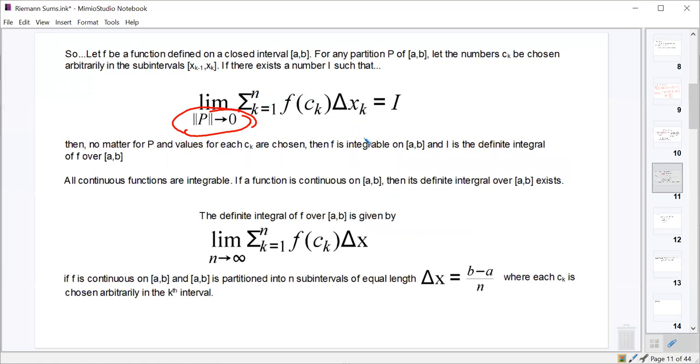If we were to make all of the subintervals the same length, then rather than having 18 different variables in here and having to deal with a largest subinterval, instead of making the biggest one approach 0, we would just make the number of subintervals n approach infinity. So we'd have the limit as n approaches infinity of the sum from k equals 1 to n of the height times the length of the subinterval.